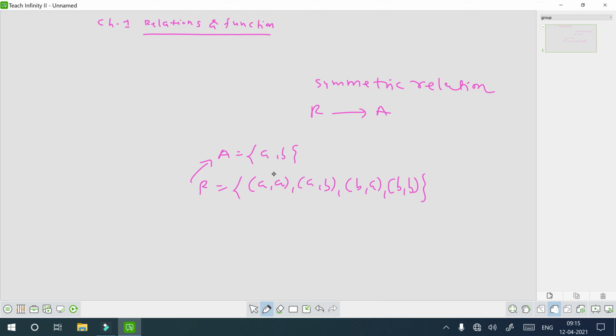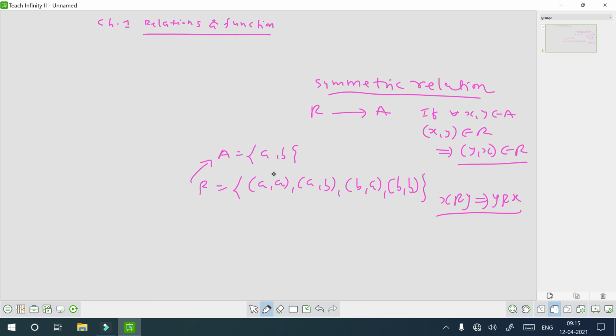Now see, if for all x, y belongs to A, the ordered pair (x,y) belongs to R implies the ordered pair (y,x) belongs to R, then that relation is known as a symmetric relation. Means x R y implies y R x, then it is a symmetric relation.